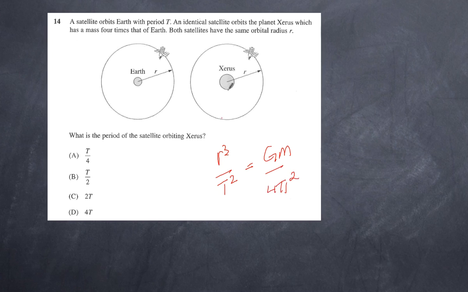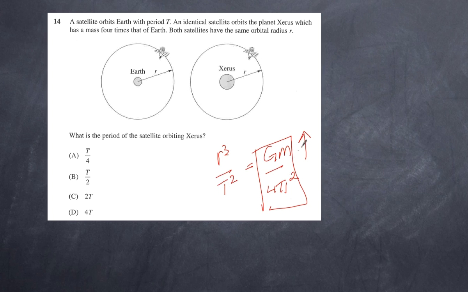Now, in our case, r has not changed. So the question is, if t represents the period around Earth, what happens if I increase the mass? Well, if I increase the mass, then this value has to increase overall. But hold on, if that increases overall, then clearly this value here must decrease.